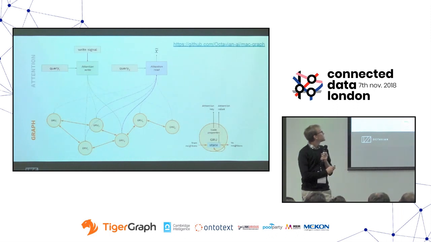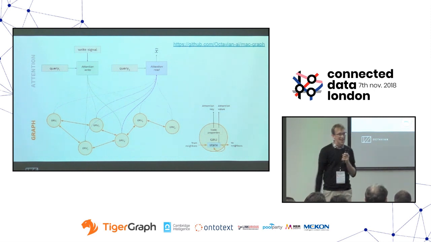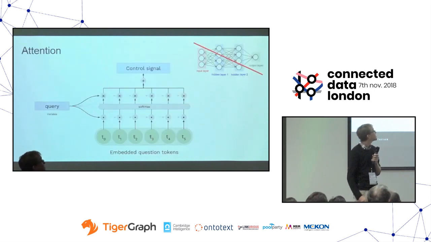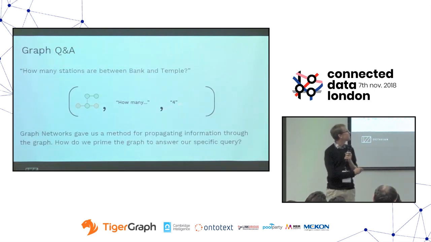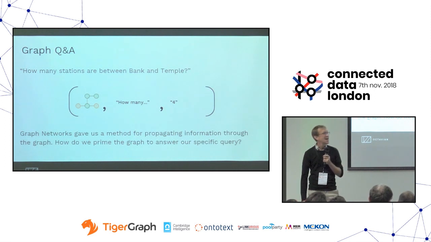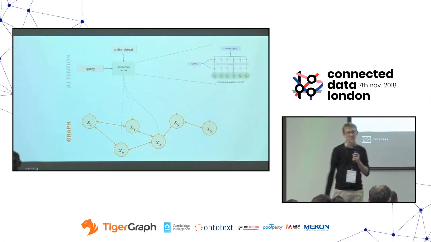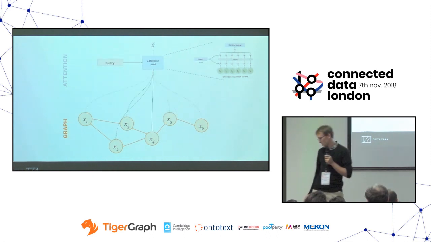So combining these, we got our attention write and our attention read. And this whole thing is end-to-end differentiable. So we can train on our simple triples, differentiate it end-to-end, and learn how to answer the question. And whatever algorithm is going on in here, the system figures it out, okay? So that's pretty awesome.